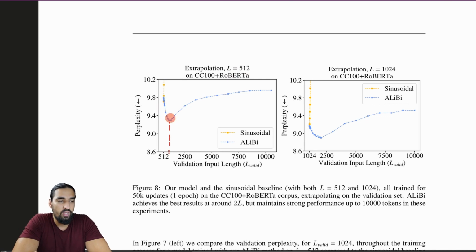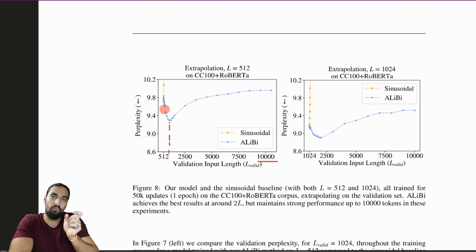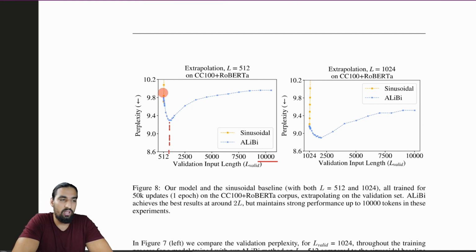And as you can see here, then it rises up, the perplexity goes up, but it's fairly stable up to 10K tokens. And as you can see here, the sinusoidal one just explodes. As soon as you start increasing from 512 towards 1000, it already explodes, and so they don't even have a curve here. Same thing here, just for the 1024 model. Similar trend, the minimum lies somewhere around 2048 or so.